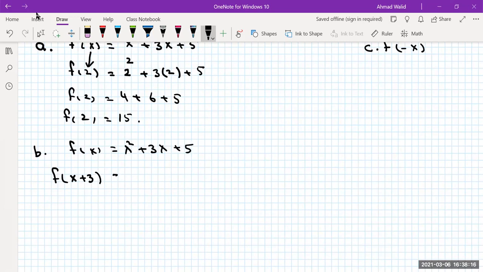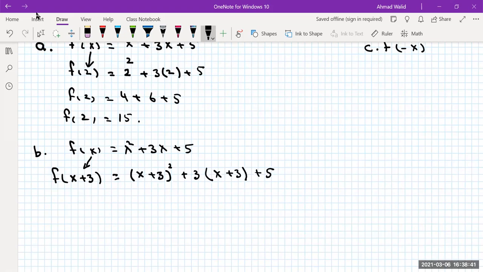Look, on the left side, I replaced x with x plus 3. On the right side, I have to do the same thing. Then it will be x plus 3, because I have a square here, squared, plus 3 times x plus 3, plus 5.